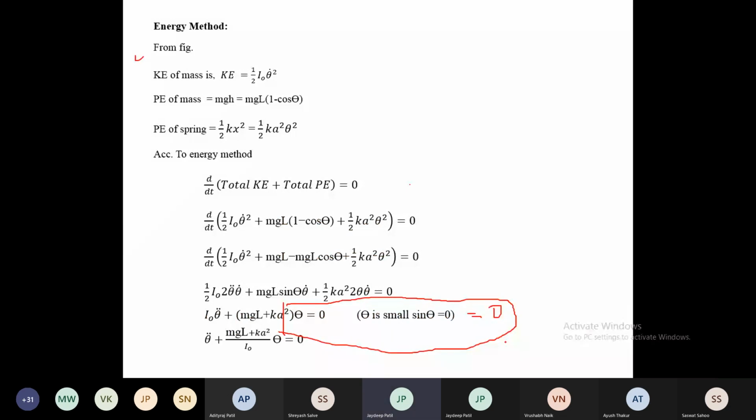Okay, everyone write down this equation. For this figure, you have to try to draw this figure.